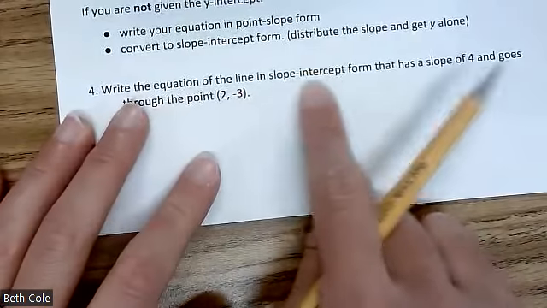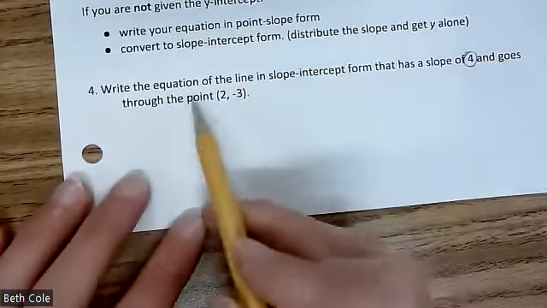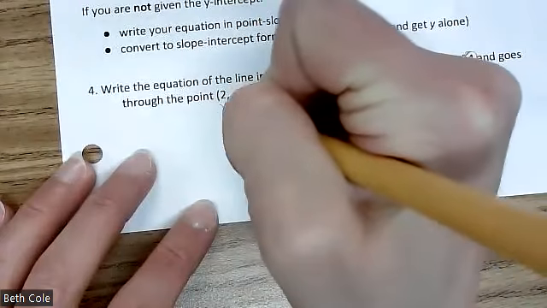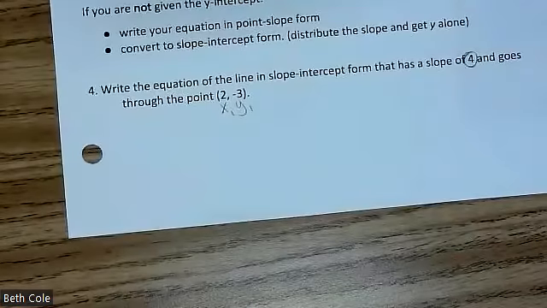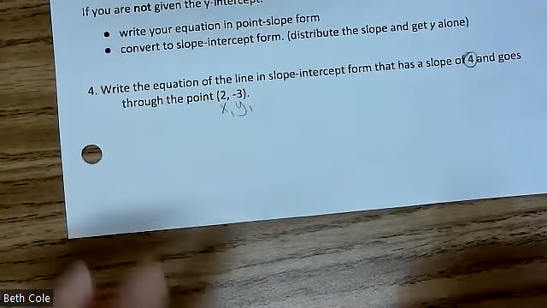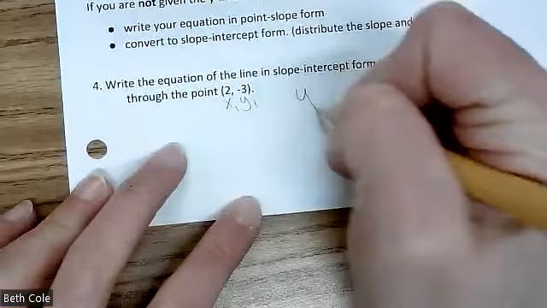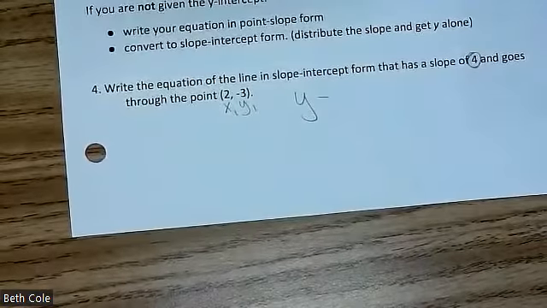Write the equation in slope intercept form. Slope is 4, so this is our slope, through this point. So label that x1, y1. You're only going to have 1 point. You don't have a second point here. So it is going to be y minus y1.